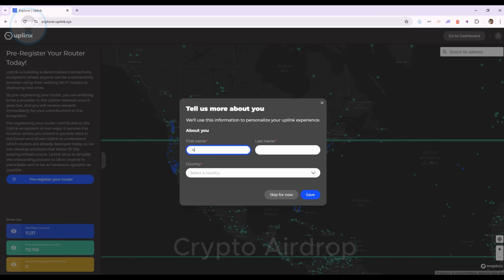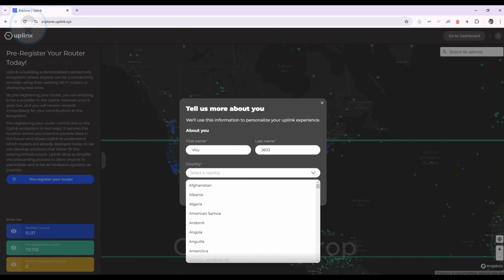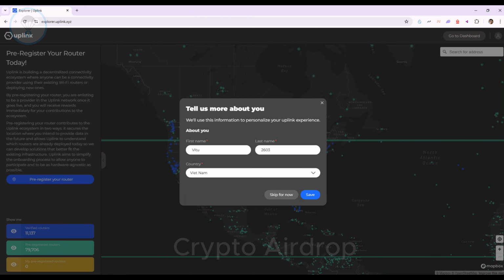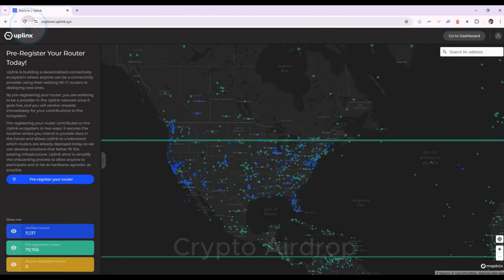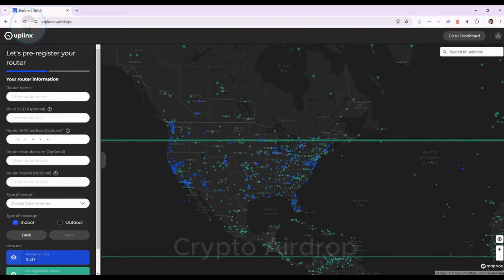Enter your personal information on the platform: first name, last name, and country of residence. Then, provide the required information from your personal modem or Wi-Fi router, such as router MAC address, router manufacturer.